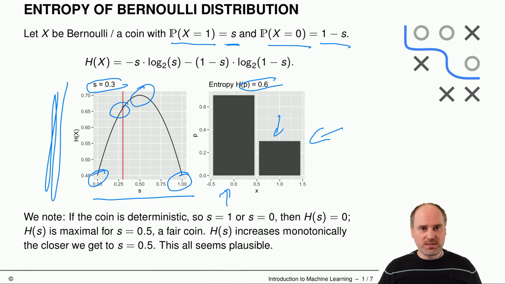Now for all other success rates, the further they are away from this point of maximal uncertainty, from this uniform distribution, the lower the entropy. So you can see how entropy goes down if we go left or right, approaching either S equals 0 or S equals 1.